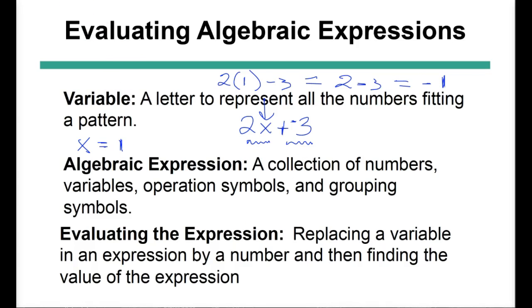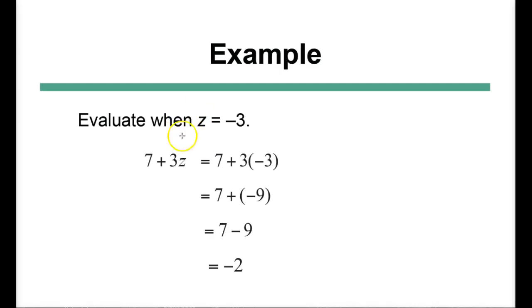So let's look at some more examples. We have the expression 7 plus 3z, and we want to evaluate it if we allow z to equal negative 3. Do you see how the z is just acting as a placeholder?